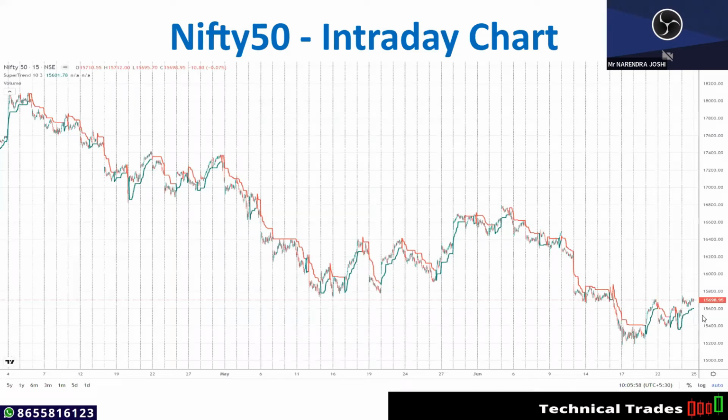I hope till now it is very clear that using one indicator or two indicators, whatever is comfortable to you, you can identify the short term trend of the market, and then you can trade in intraday with higher accuracy, if you follow the trend.